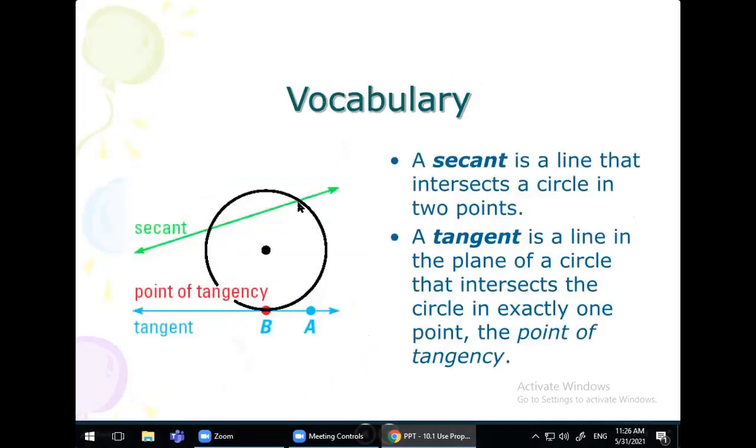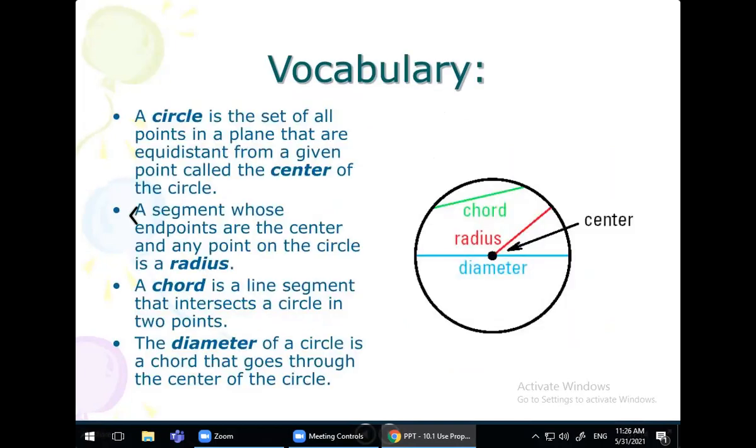For any line, we have two different lines. In the previous one, we were talking about a line segment, which has a start and end point. It has two endpoints. So with two endpoints, we have chord, radius, and diameter.